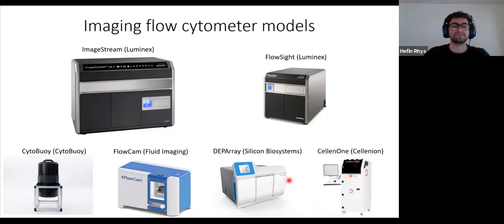But I think most flow cytometry labs, when they talk about imaging flow cytometry, are either talking about the ImageStream or the FlowSight from Luminex. And it's mainly the ImageStream that I'm going to talk about today, because I think that's the main instrument that people use when they need a high performance imaging cytometer. The FlowSight is the baby cousin of the ImageStream, and the only main difference is that the FlowSight is limited to 20 times magnification, whereas the ImageStream can do 20, 40, or 60.